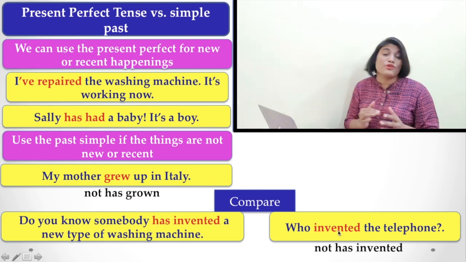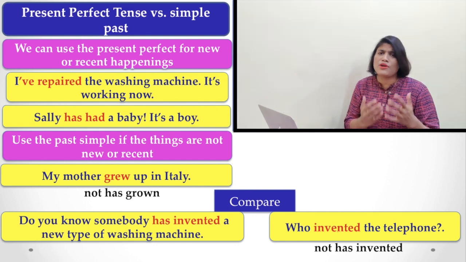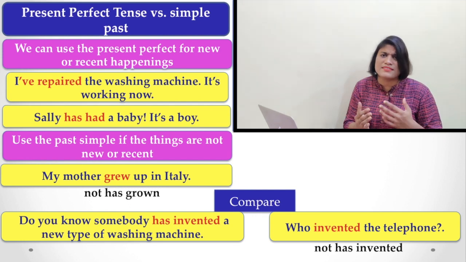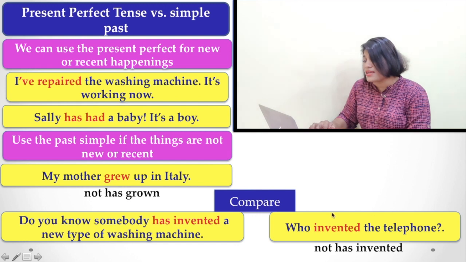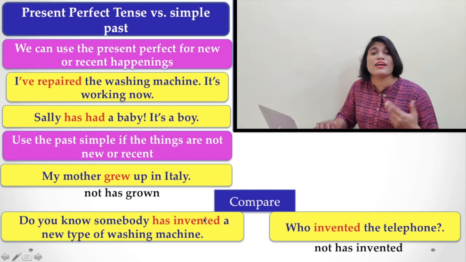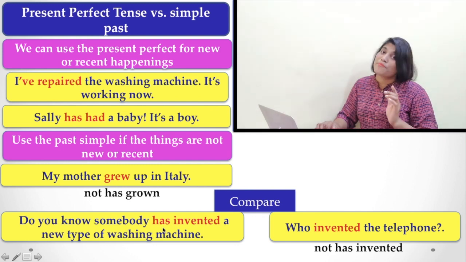But if I am talking about who invented the telephone, here also I am not talking about a recent thing. It is the past, someone in the past invented the telephone. So here you have to use simple past tense. But when we are talking about a very recent thing, you have to use present perfect tense.